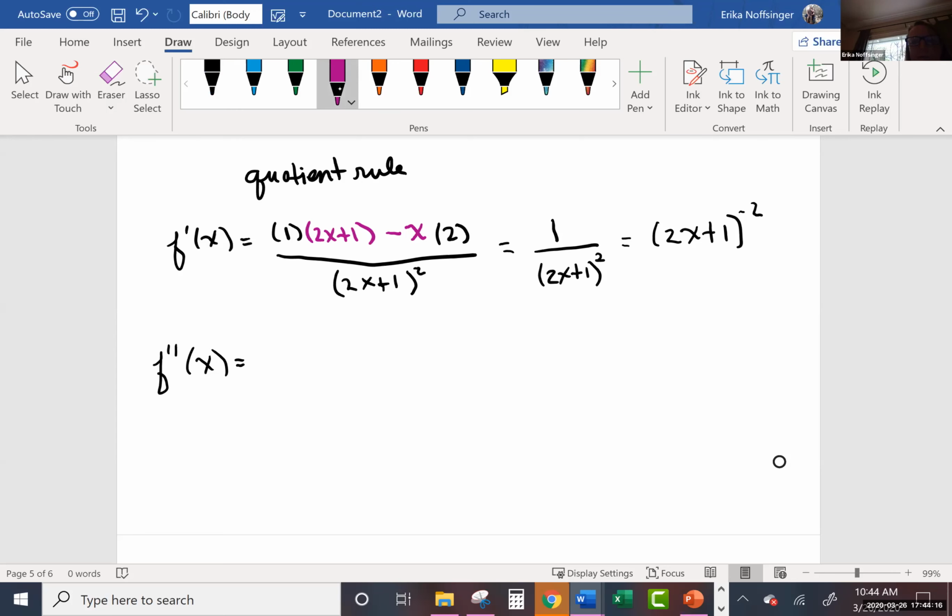So bring your power down front, which is negative 2, times the inside, which is 2x plus 1. Subtract 1 from our power, so that would give me negative 3. Don't forget to take the derivative of the inside, which is 2. So this is the same thing as negative 4 times the quantity 2x plus 1 raised to the negative 3rd power.